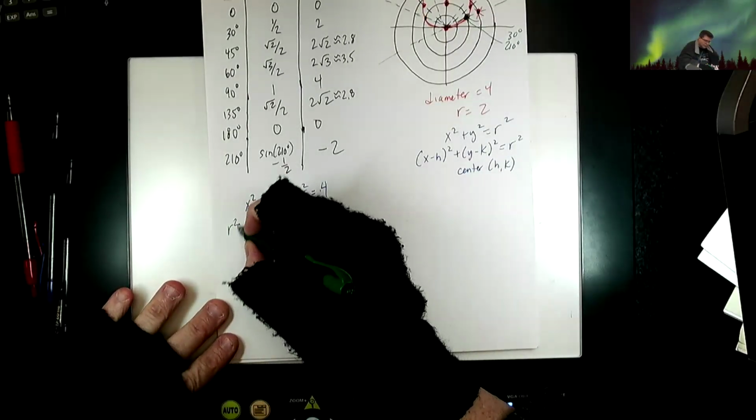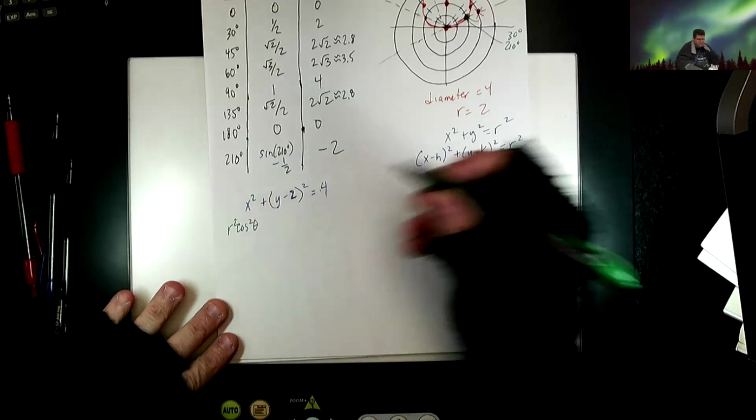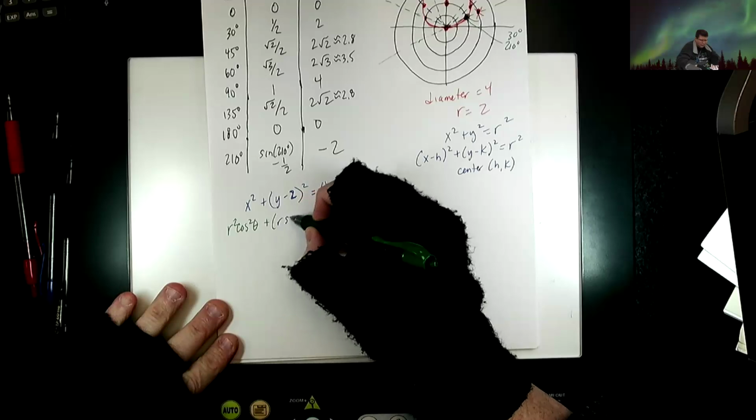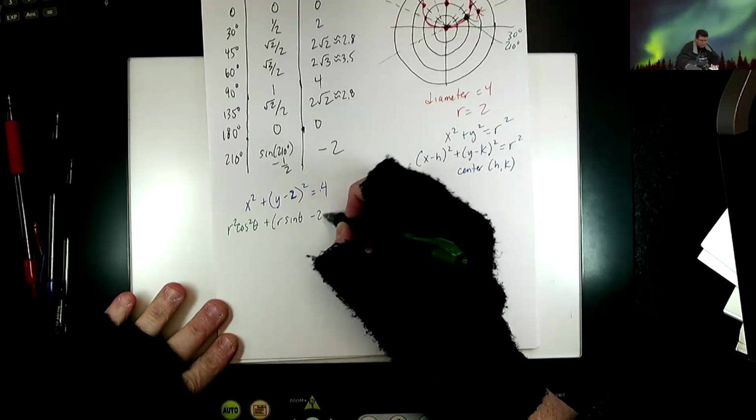The x squared turns into r squared cosine squared theta. This one's a little more work. We need to multiply it out.